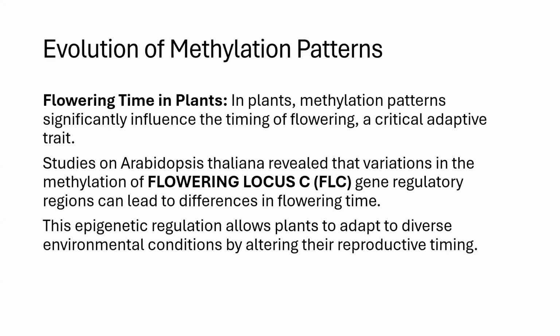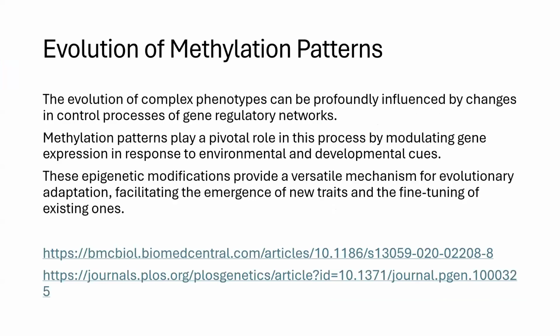So, yeah, it's significant to the adaptation because flowering is very important, and the timing of flowering is very important. So with the evolution of methylation patterns, complex phenotypes can be profoundly influenced, modulating gene expression patterns in response to environmental and developmental cues.